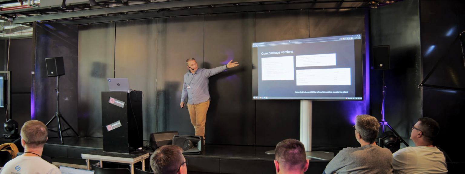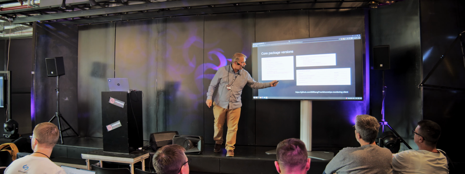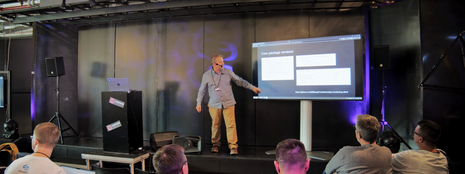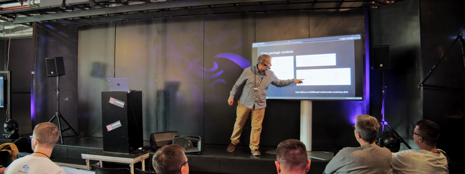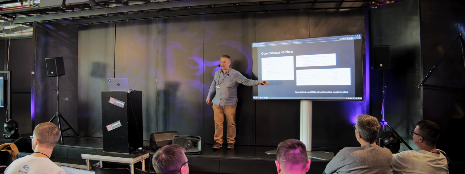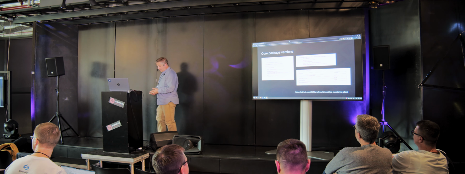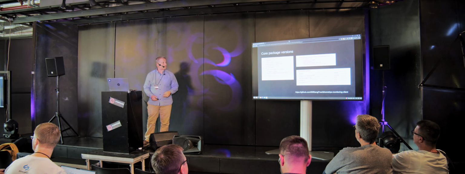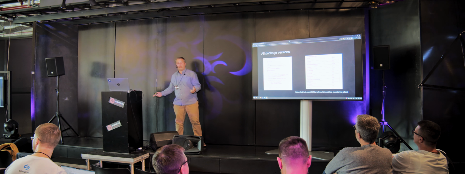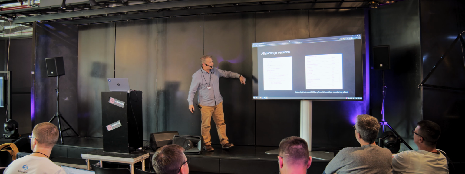You get a very simple monitoring client there, and it shows you all of the versions at a glance of what you've actually got to do. There's a similar one which literally just shows every single package that's installed in Composer. So once again, exactly the same thing.